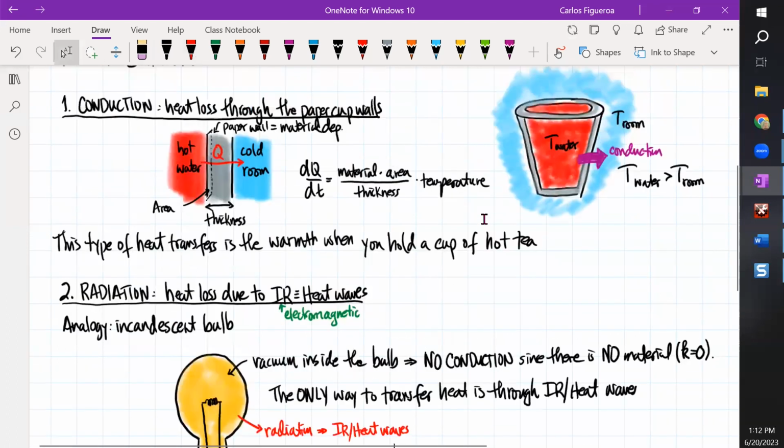So if we go back to the cup, there are waves being emitted from the cup because it's hot, just like the light bulb. And in this situation, that type of heat loss is radiation.